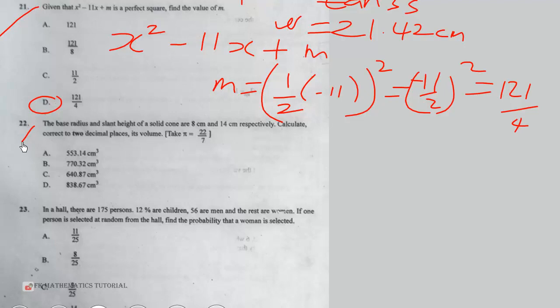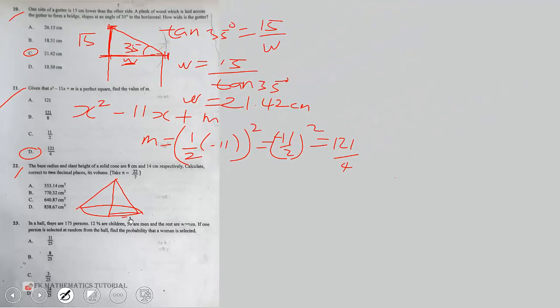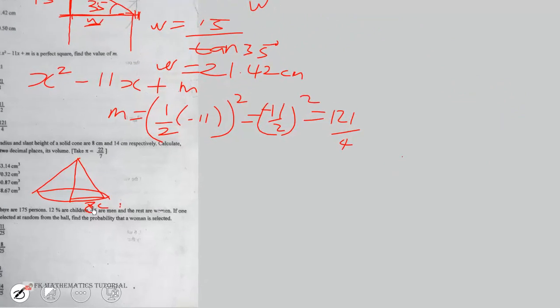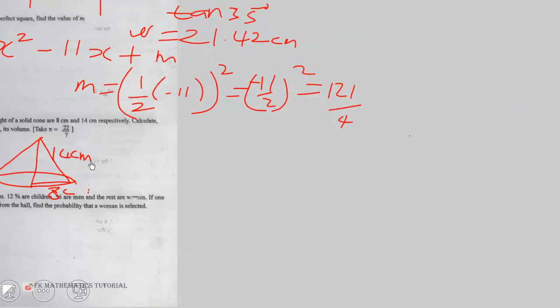Number 22. The base radius and slant height of a solid cone are 8 centimeters and 14 centimeters respectively. Calculate, correct to 2 decimal places, its volume. So we have a cone which is something like this, and the base radius is 8 centimeters and the slant height is 14 centimeters.